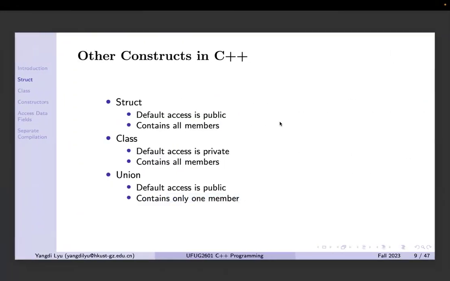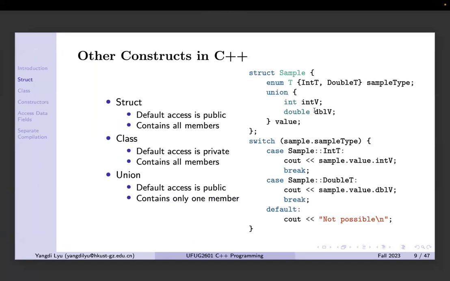So in the old days, how people typically used it is, for example, if I have a sample, it is either integer or double, but you don't know. You're asking the user to give you, or you are trying to output it. Then you can have some enum to specify what is the type. This int v and a double t don't have any meaning, right? It's just the name for your enum.